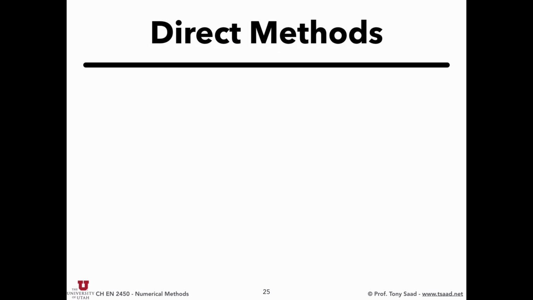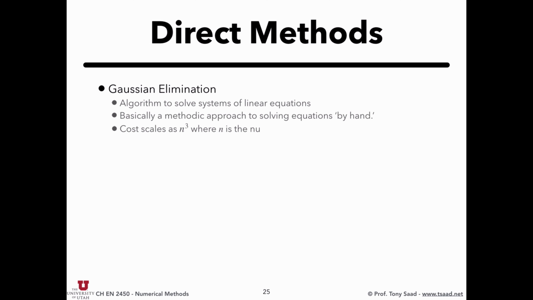Now let's dig a little bit deeper into direct methods. The first direct method that you learned in high school is Gaussian elimination, and that's essentially an algorithm to solve any system of linear equations, whether be it sparse, dense, upper triangular, whatever. It's a general algorithm to find a matrix inverse. Essentially, it's a methodic approach to solving the equations by hand.